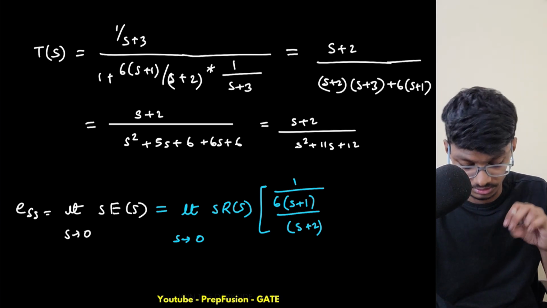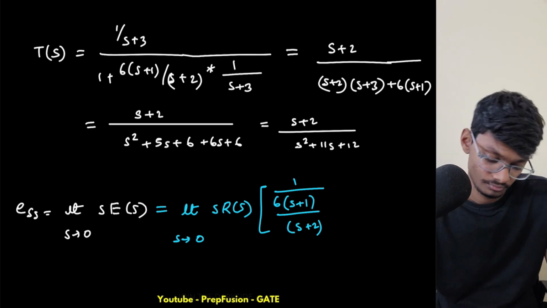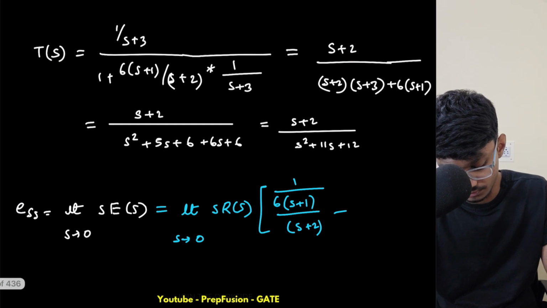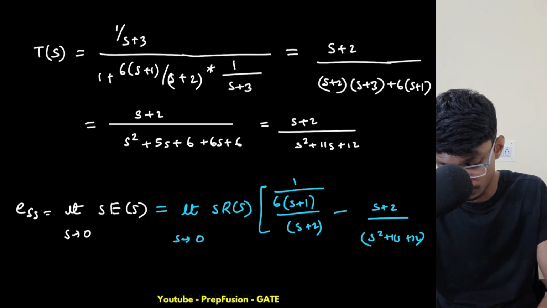Now what will happen? If I just write it here, minus t of s, this will be s plus 2 divided by s square plus 11s plus 12, and this s plus 2 will go in the numerator, right?